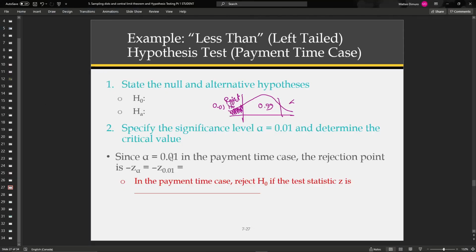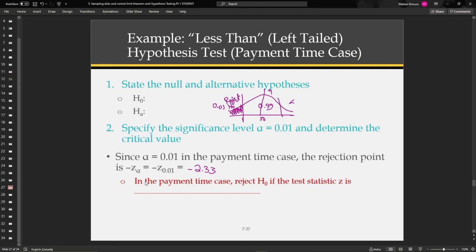So since alpha is 0.01, the rejection point is negative Z alpha. Now the only reason it's negative is because we got negative 2.33. So you don't necessarily have to write that here, but just realize that as we're below the 50% mark, all our z-scores are negative because we are standard deviations below the mean.